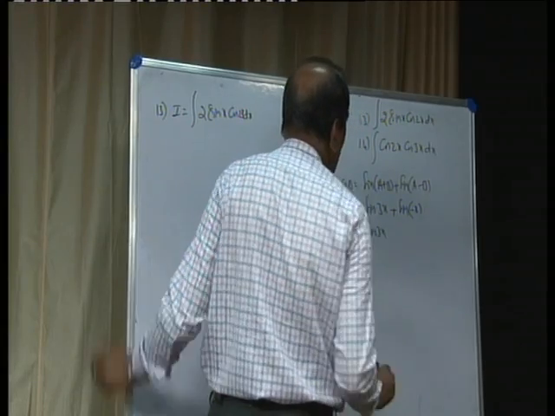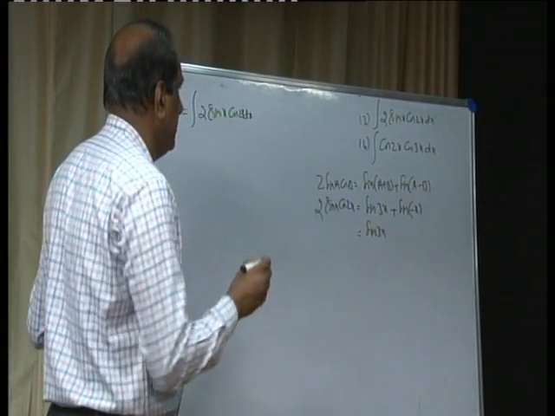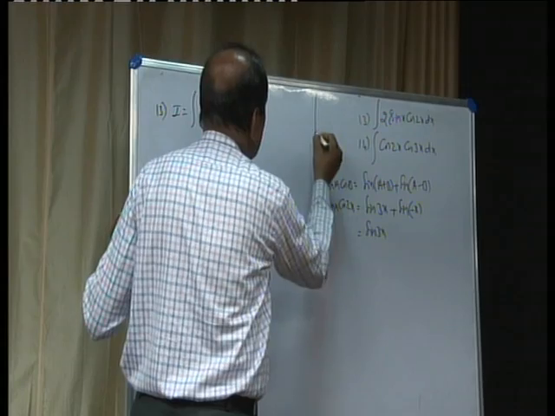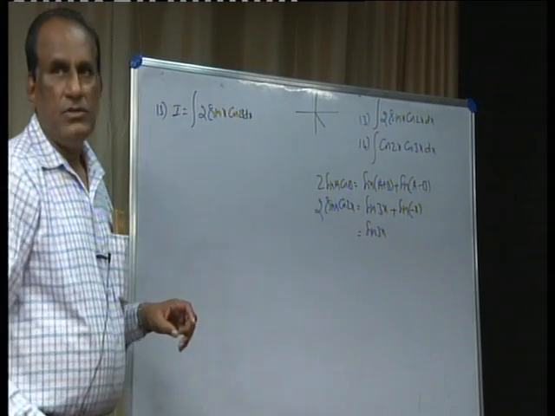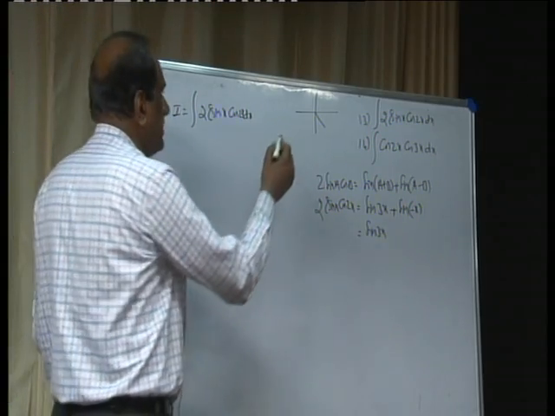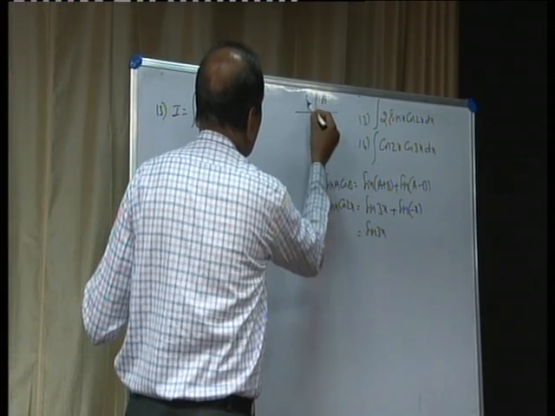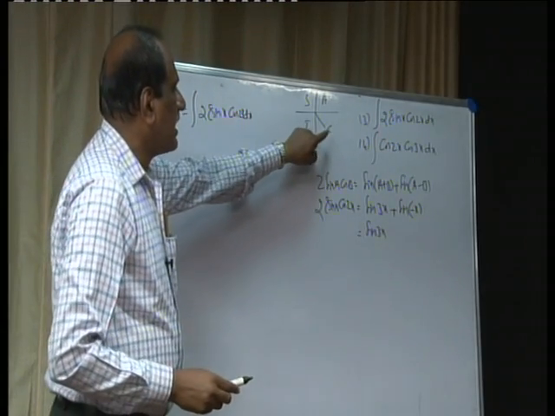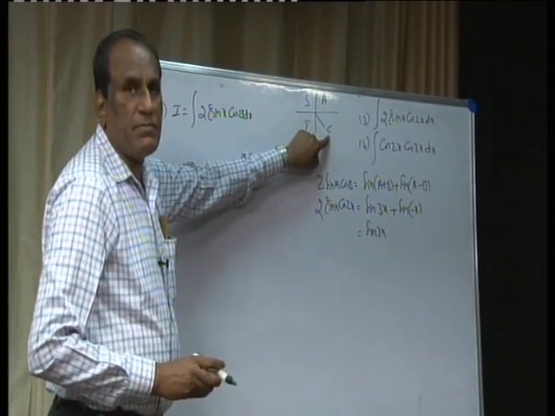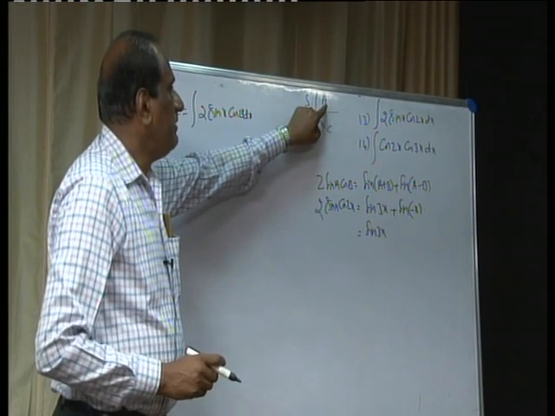See here, what is sin of minus x? Minus x lies in the fourth quadrant. Using the rule of signs, that is, all students take coffee: in the first quadrant all functions are positive.